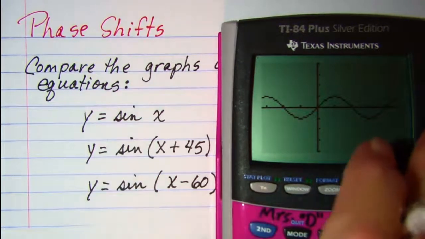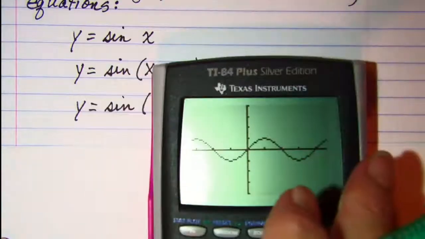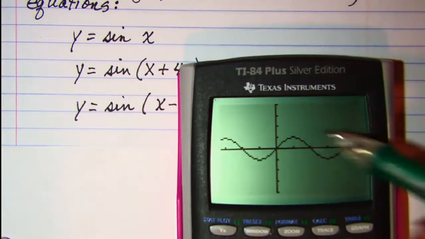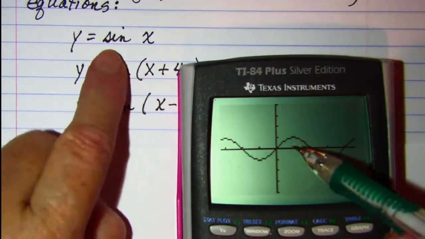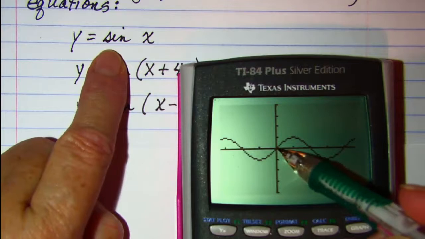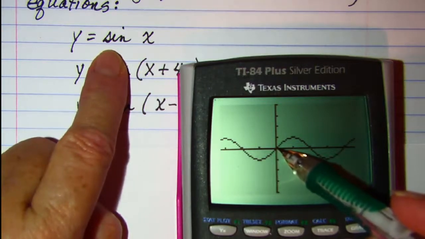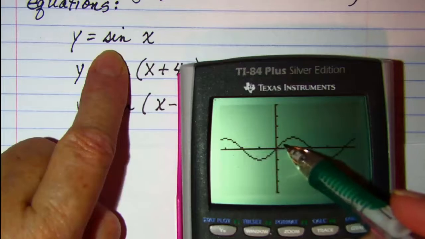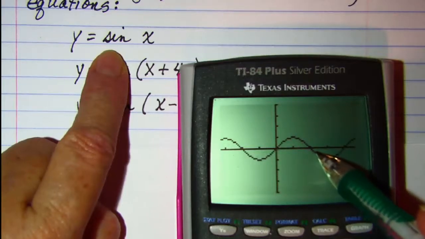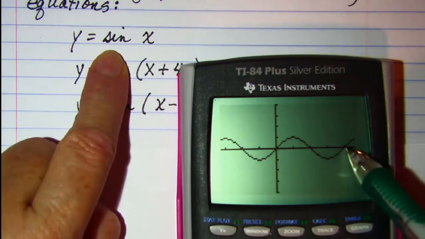To compare these, I'm going to look at one period. So for the sine x, which is our first one here, the sine period, I'm going to have it start here at the origin, where it crosses the axis, and then it goes up and crosses the axis again right here, and then goes down and crosses the axis.